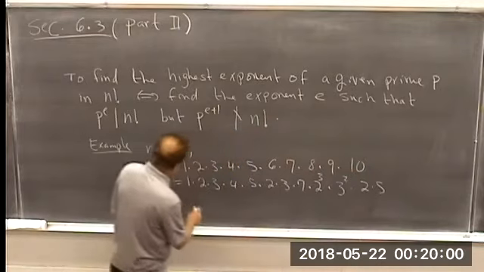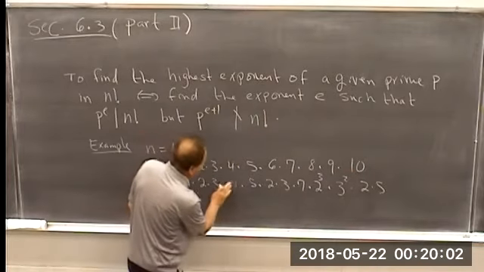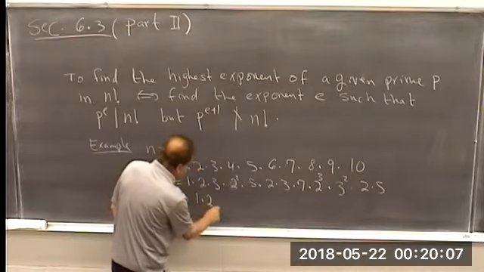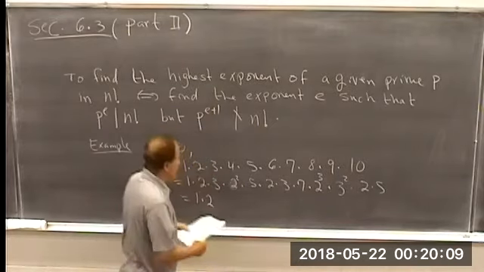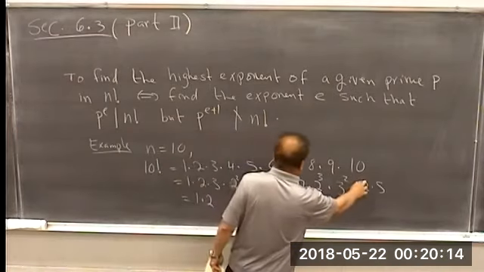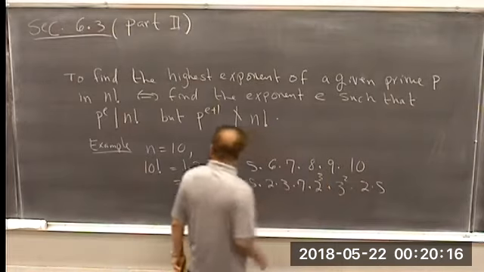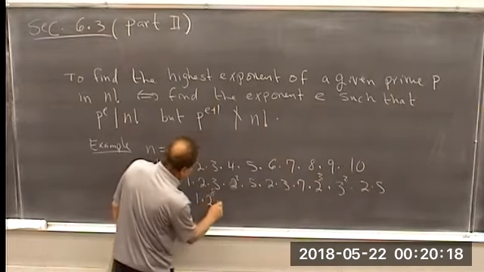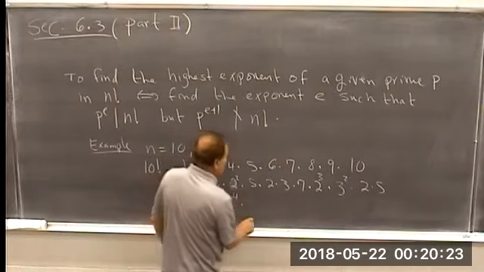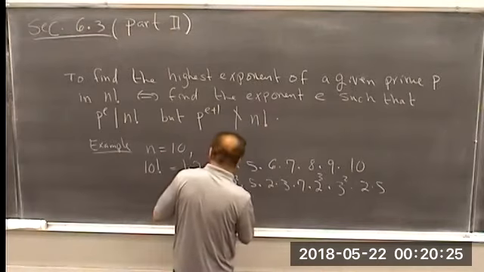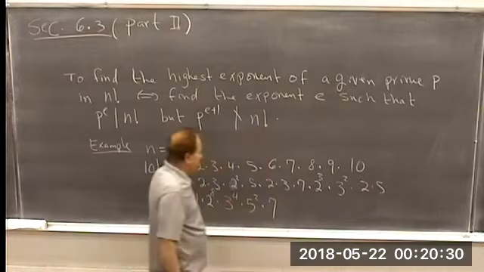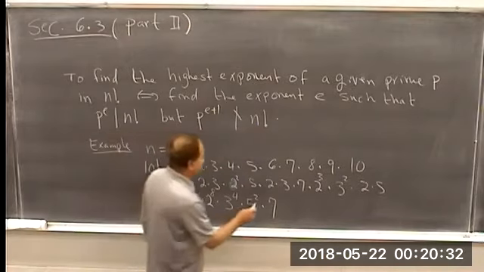And the 4, we could write as 2 squared. So all together, we have 2 to the 8th, then 3 to the 4th, 5 squared, and 7. So in other words, the E in this case is equal to 4.